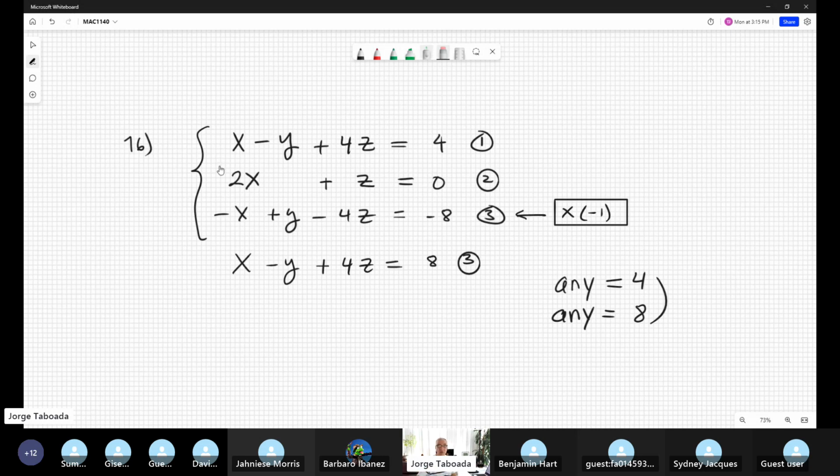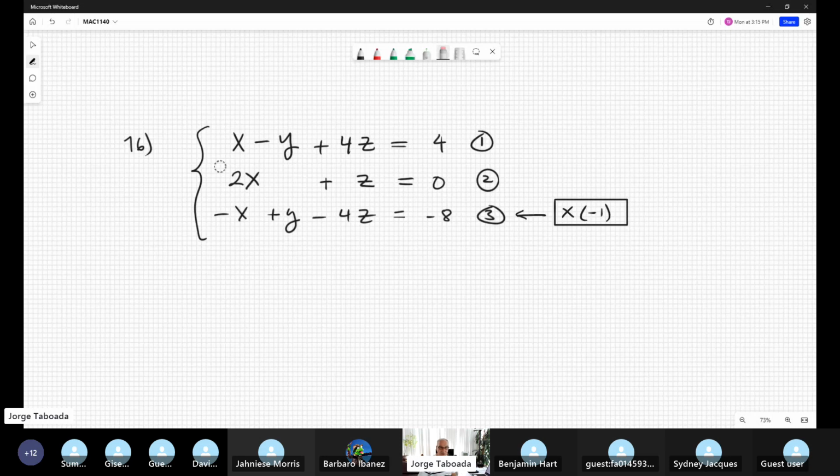Remember we have three possibilities of the solution for the system: unique solution, only one, infinitely many solutions, or no solution. What do you think happened in this case when you see contradiction? Remember in chapter 2, when you solve the system and you get 1 equal to 0, it's a contradiction, no? It's false, no? What means that?